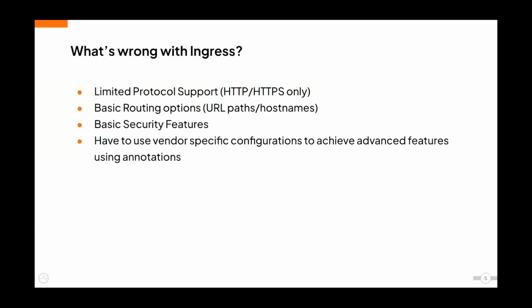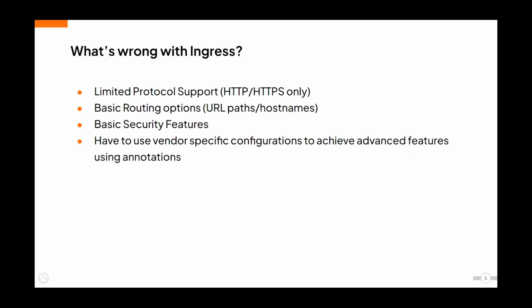So these are some limitations of ingress controllers or the ingress model. It is limited to HTTP or HTTPS, right? So at the protocol level, there are some limitations. Then we have very basic routing options, right? So yes, based on the implementation, there will be some advanced routing options, but it is not available in all the ingress controllers, right?